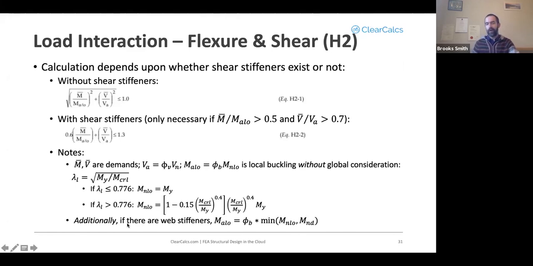Additionally, if there are web stiffeners, you also take MALO equal to the minimum of that MNLO you just calculated and MND that you had previously calculated.